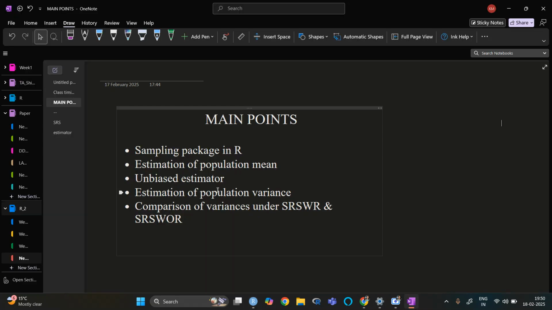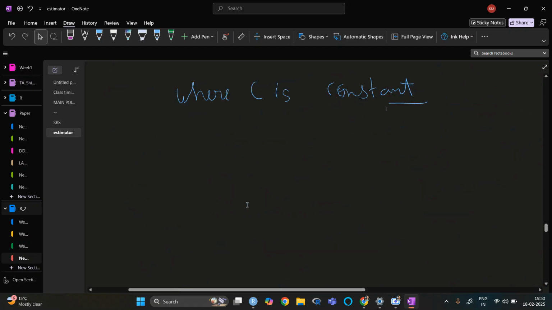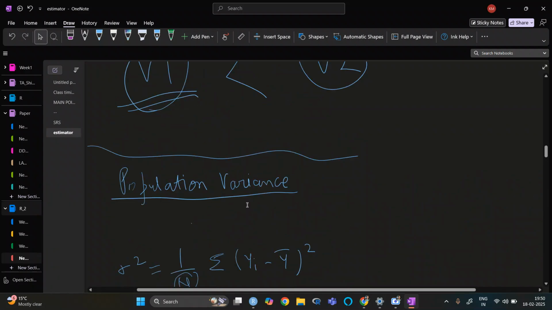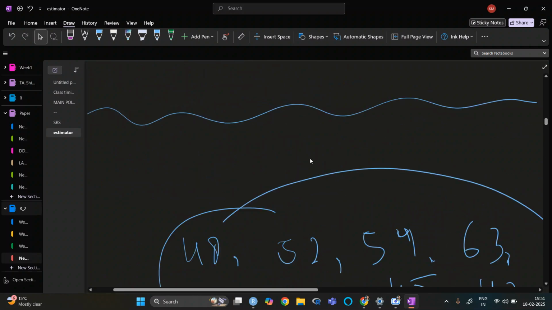After that, we have seen the estimation of population mean, how we estimate it. The next we have seen is what is the unbiased estimator of population mean. After that, we have gone through the estimation of population variance, and we have seen that the population mean is the same for with and without replacement.